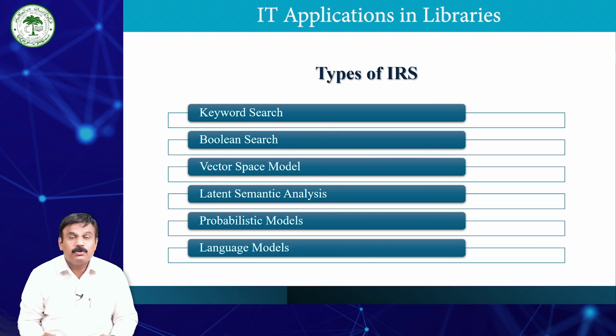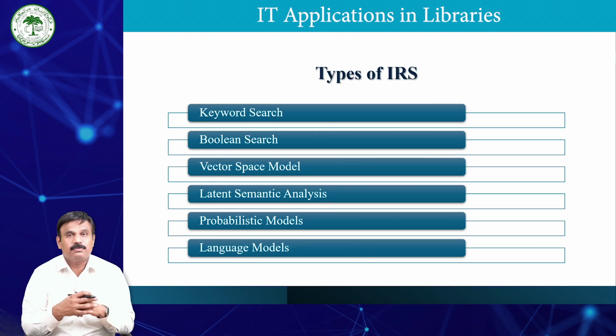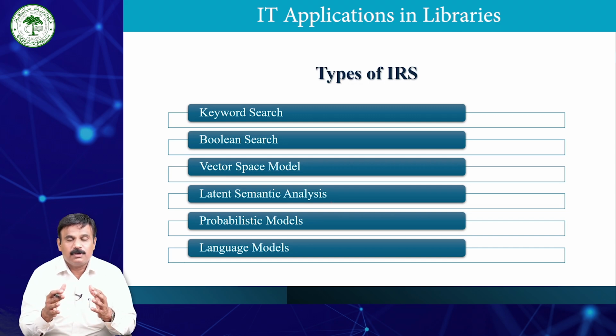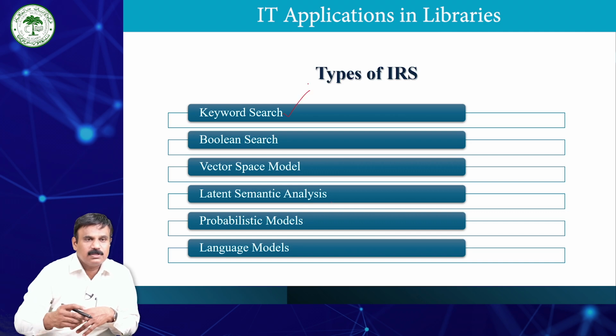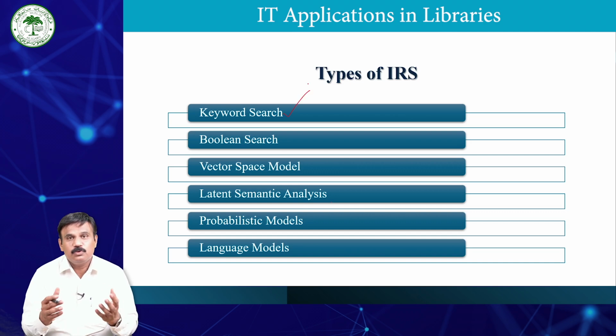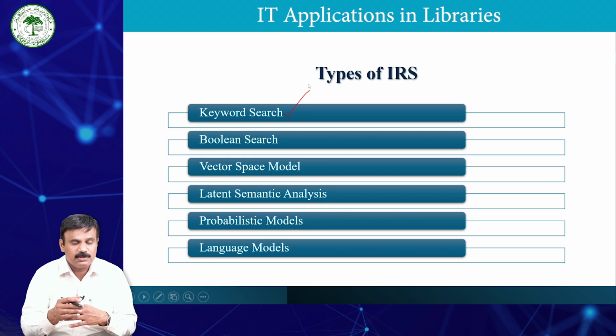Now we are going to discuss the different types of information retrieval systems. Depending on the search or retrieval approach followed, we have different types of information retrieval system, IRS. First, a keyword search, where we use keywords for retrieving the information.